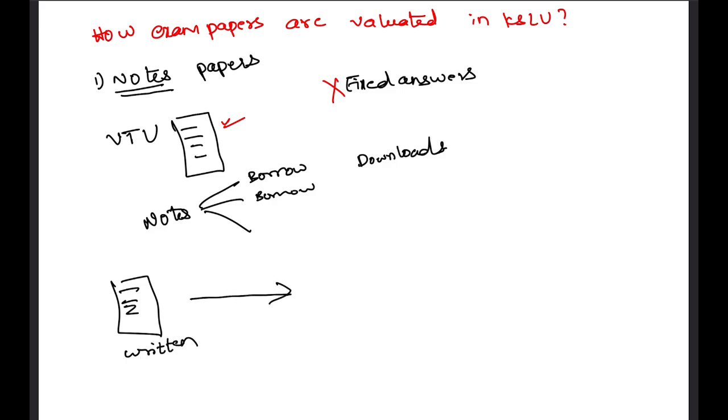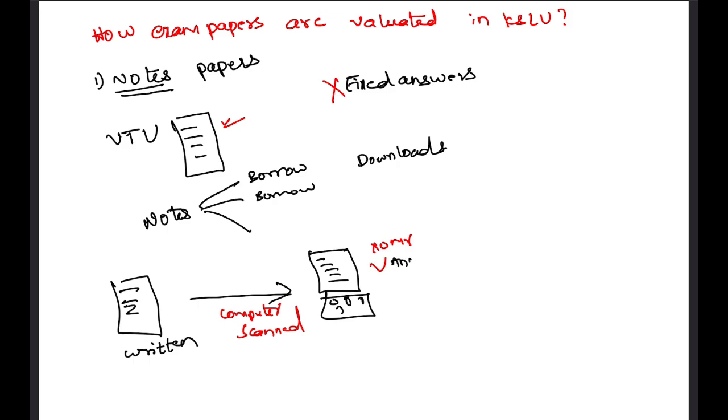Next, when it is sent to KSLU, it is computer scanned, and the evaluator gets it on display. Your answer sheets are displayed to the evaluator. Your OMR sheet is not displayed. Only your answer paper is displayed.